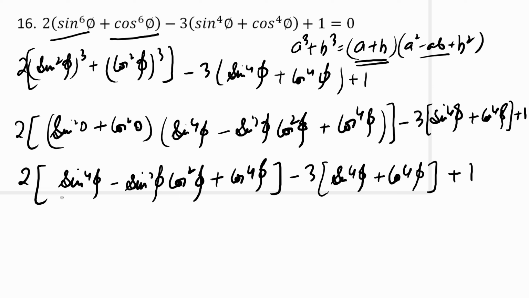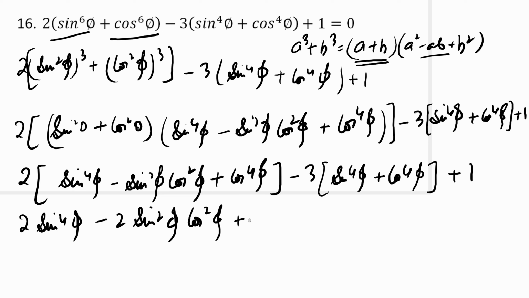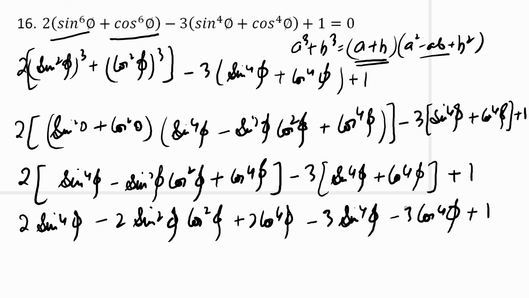Now what can we say? Let's multiply it: 2 sine 4 phi minus 2 sine square phi cos square phi plus 2 cos 4 phi minus 3 sine 4 phi minus 3 cos 4 phi plus 1.